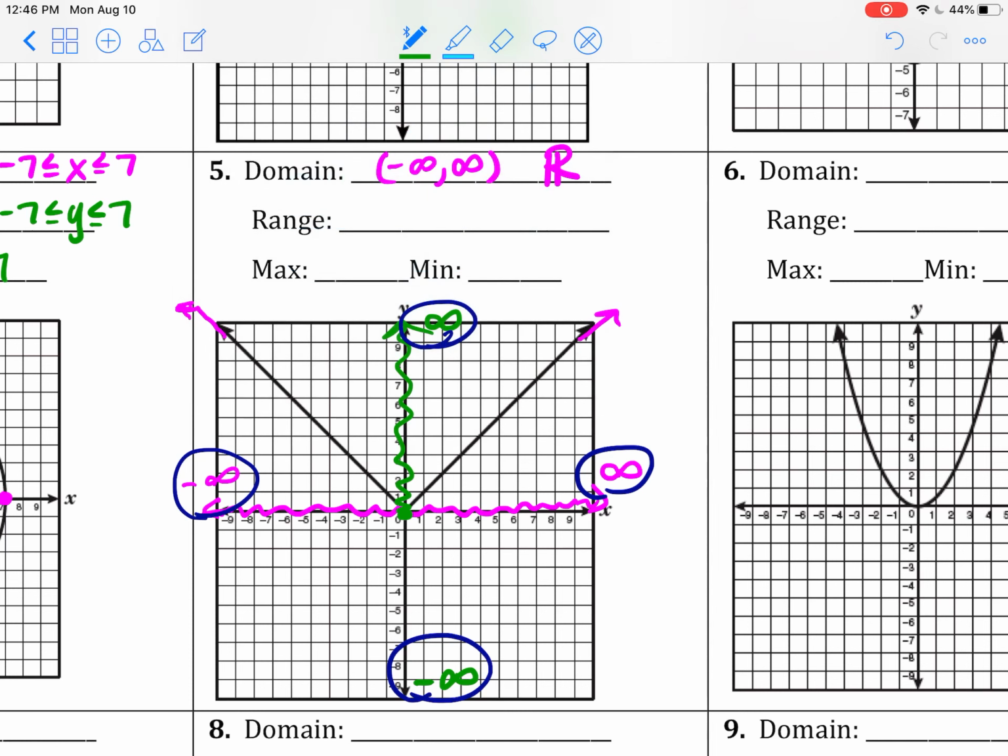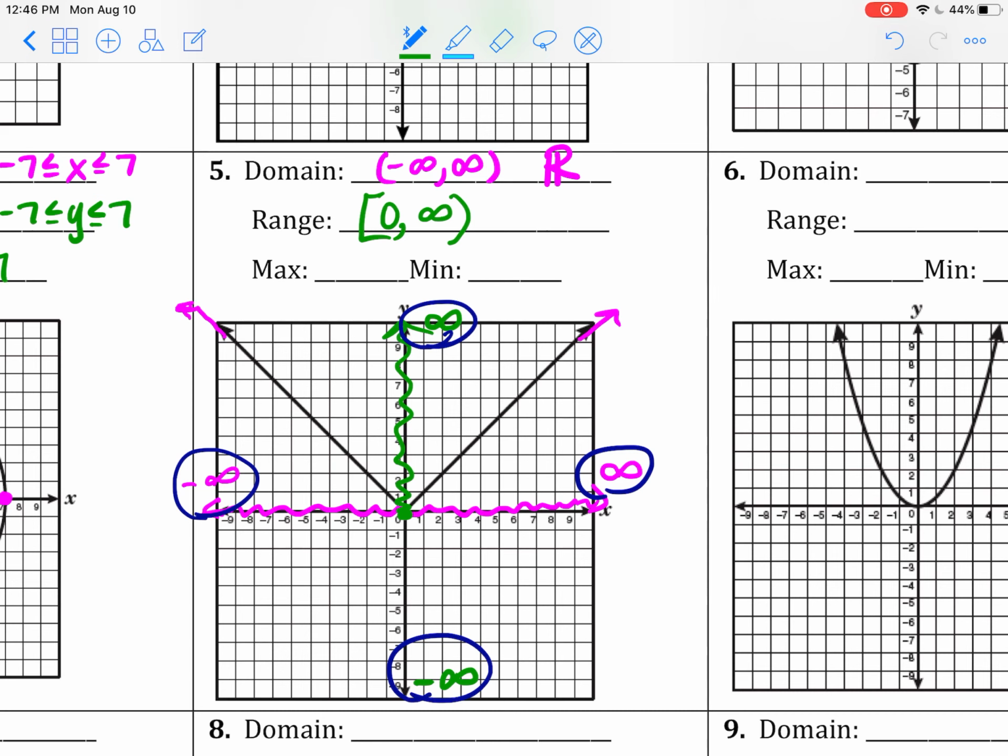Okay, so for our range, our lowest value is 0. Our highest value, it goes forever, so positive infinity. We want to put a bracket on the 0 because there's not an open circle there. And then infinities always get a parenthesis.